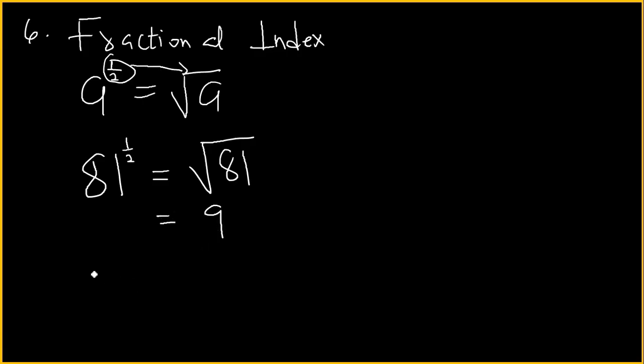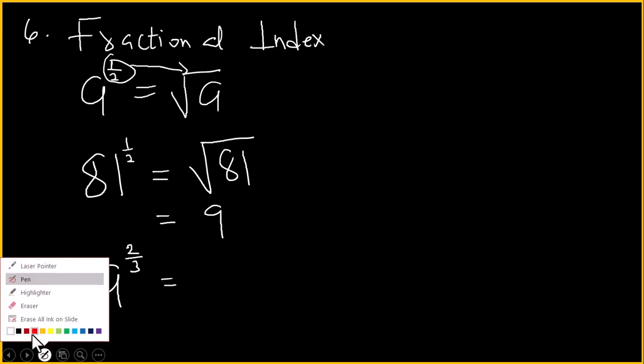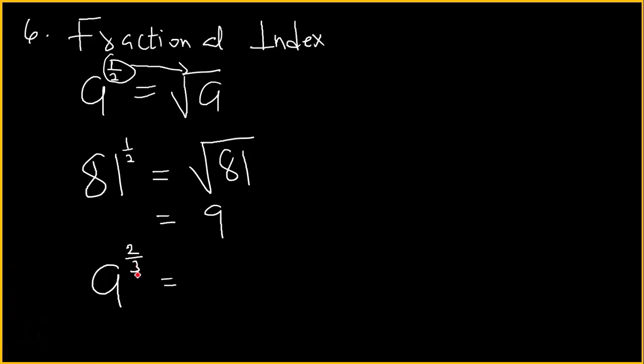We can also have a raised to the power 2 on 3. Now, to come out with the simplest form of this, always the denominator of the fraction defines the root.